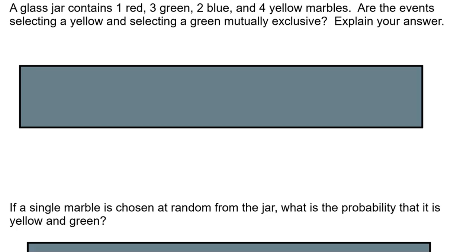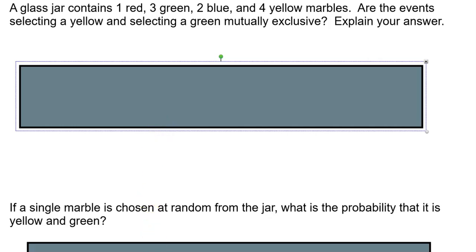A glass jar contains 1 red, 3 green, 2 blue, and 4 yellow marbles. Are the events of selecting a yellow and selecting a green marble mutually exclusive? Explain your answer. So what I want to know, can I reach my hand into the jar, pull out 1 marble, and that marble be both yellow and green at the same time?